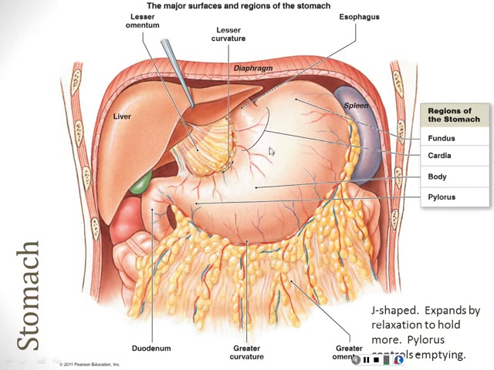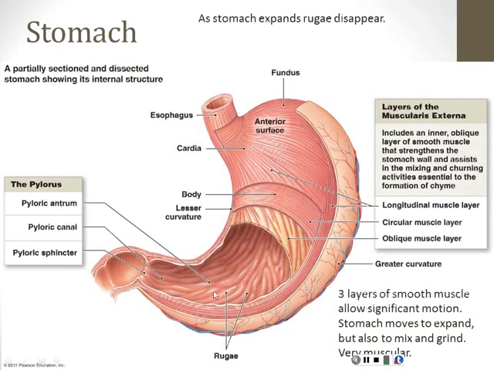All right. The stomach ends where it connects with the duodenum, and the duodenum is the first part of the small intestine. And between the end of the stomach and the duodenum, there's a valve called the pyloric sphincter. So if we now cut into the stomach, here's the duodenum, right here, that first part of the small intestine. Here's the pylorus, this region right here, the exit part of the stomach.